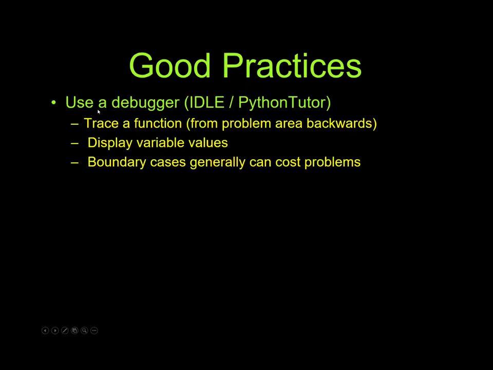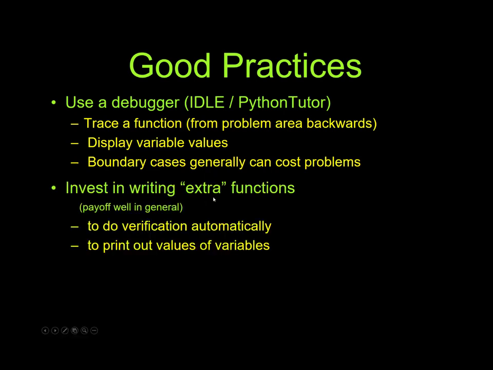Allow us to sum up some of the good practices again. Use a debugger to trace a function from prompt areas backwards and to display variable values. When a program has many if conditions, beware that those cases lying on the boundary need some special attention to be sure of their correctness.